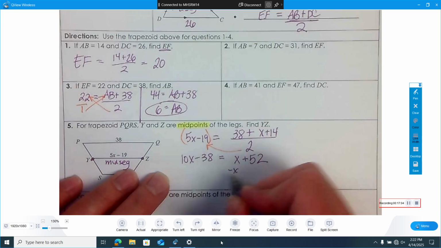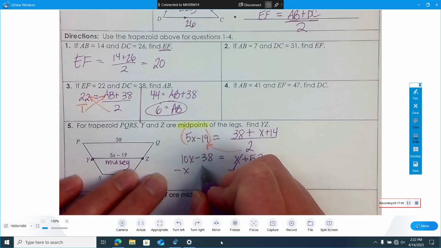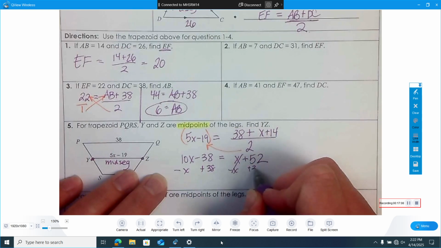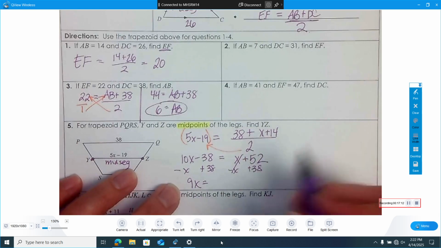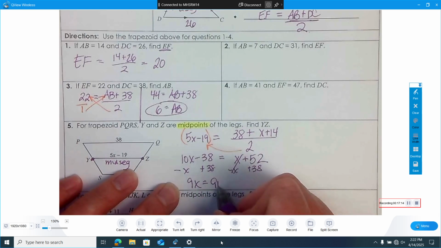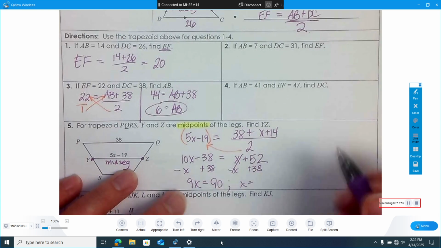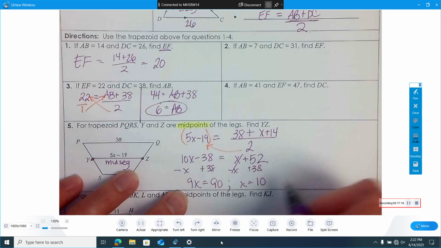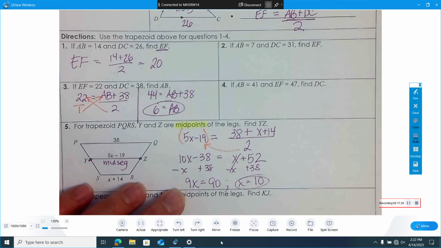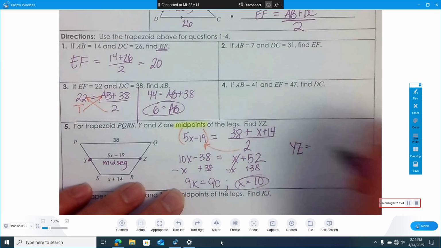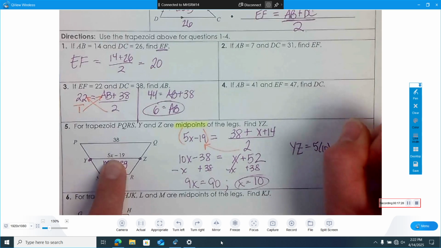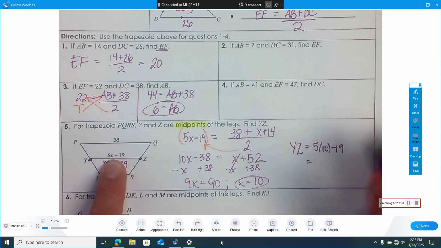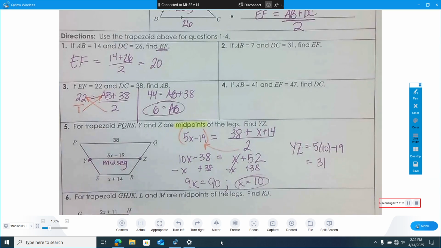And then I'm going to subtract an x and add 38. 10x minus 1x is 9x equals 90, which means x equals 10. And then I need to find YZ. So I'm going to plug it right back in. 5 times 10 minus 19. 31. There you go.